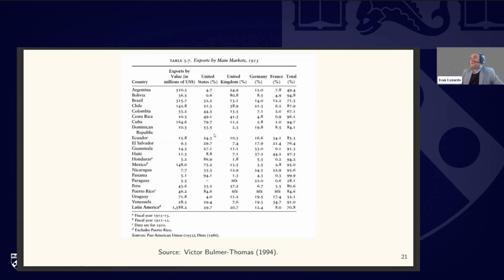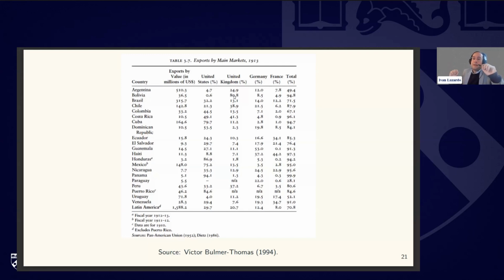So you can see that, for instance, in the early 20th century, over 75% of Mexican exports went into the US market, and that contrasts with the case of Bolivia, where over 80% of its exports went into Britain. So you have a difference between countries, but we have a concentration in the destinations.